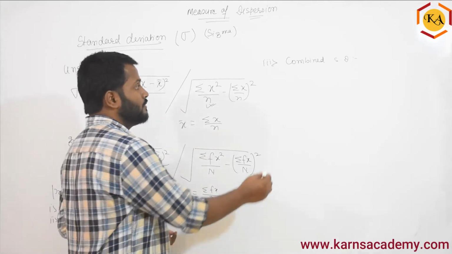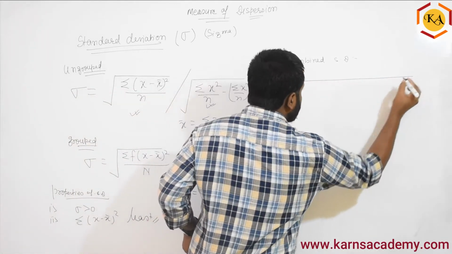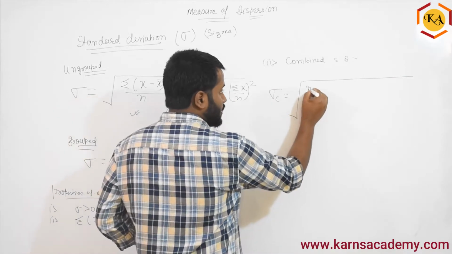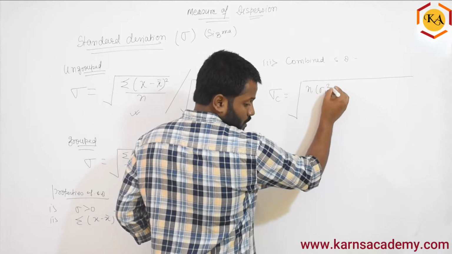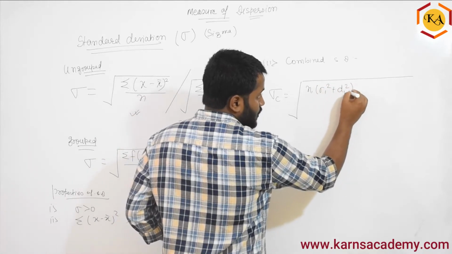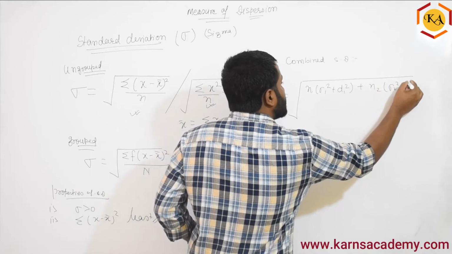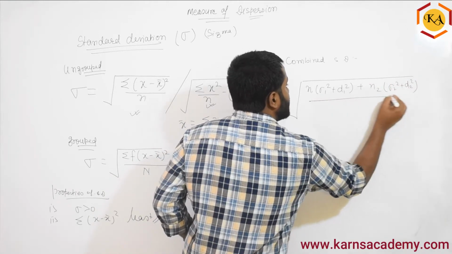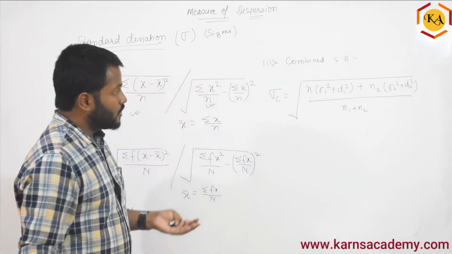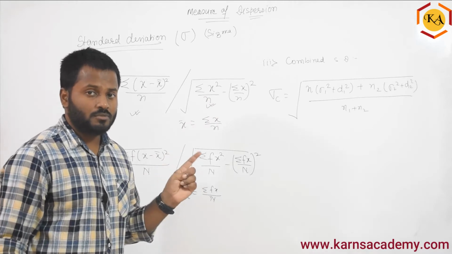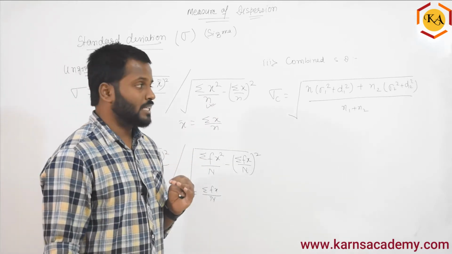I will denote it with sigma c, which is the square root of n1 (sigma 1 square plus d1 square) plus n2 (sigma 2 square plus d2 square), divided by n1 plus n2. Here sigma 1 and sigma 2 are the standard deviations of the two populations A and B, and n1 and n2 are the sample sizes.